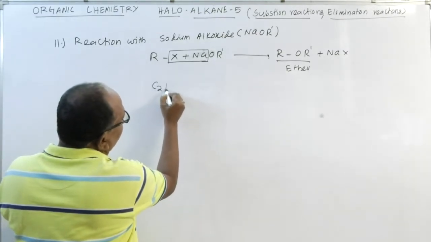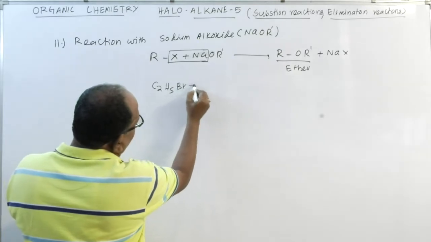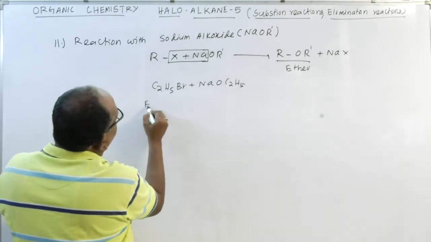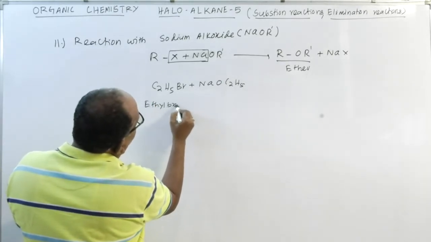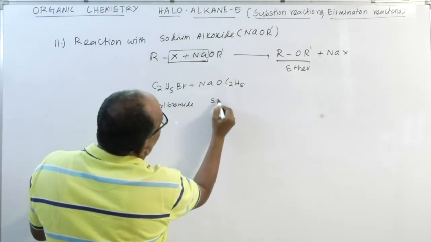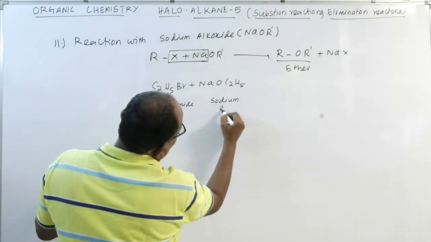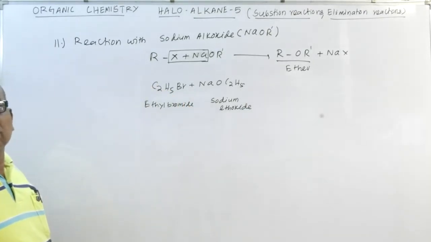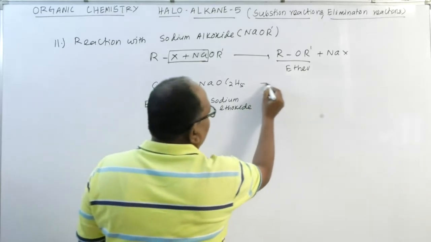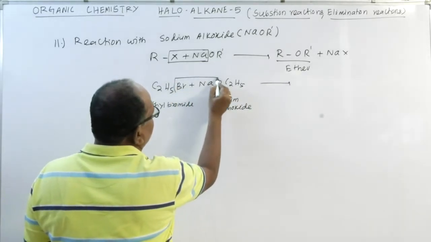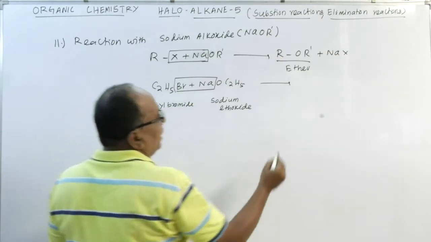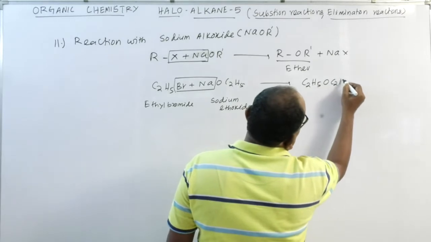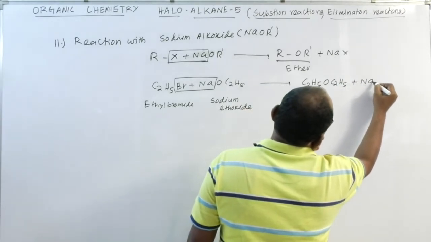Suppose you take ethyl bromide and sodium ethoxide. It gives, this will give NaBr. So it gives you C2H5-O-C2H5 plus NaBr.